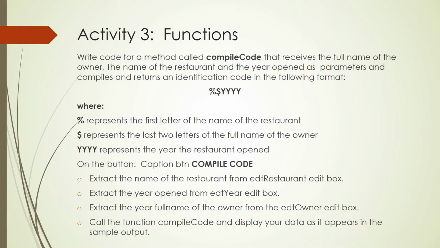The percentage sign represents the first letter of the name of the restaurant. The dollar sign represents the last two letters of the full name of the owner. And Y represents the year the restaurant was opened. So your code must take on this format.